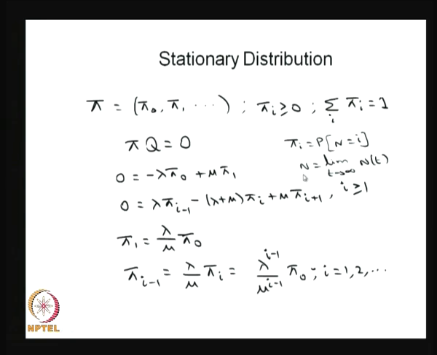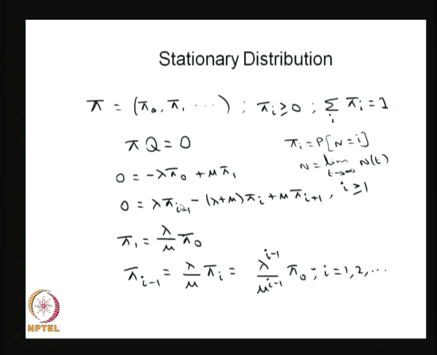That long run is defined in this way: N of t is a stochastic process. As t tends to infinity, the number of customers in the system in the long run is going to be N, and pi i is nothing but the probability that there are i customers in the system in the long run. So, now we are going to solve pi Q equal to 0 with the normalization equation, summation of pi i equal to 1.